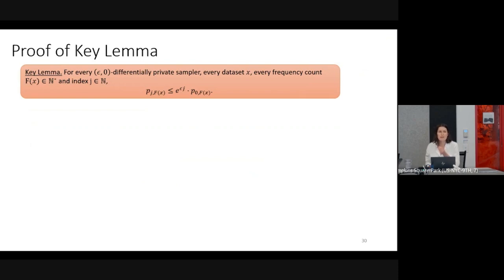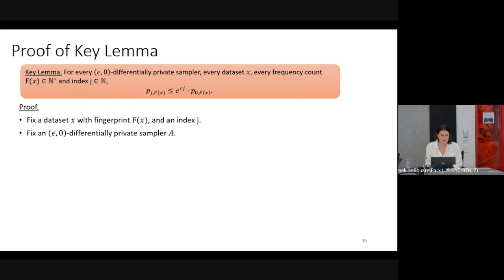So really, you can't release something with non-zero count that much more than with a 0 count by privacy. Okay, so let's fix some data set and a fingerprint and an index and fix a sampler.